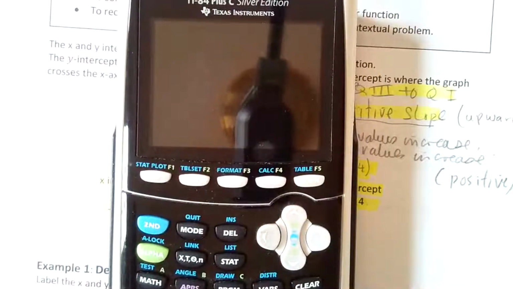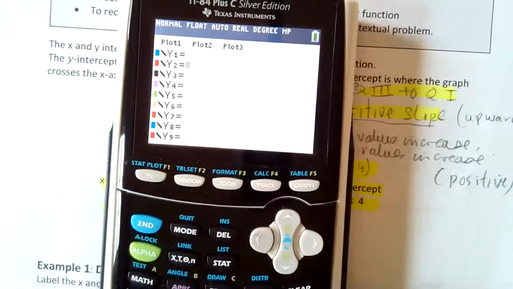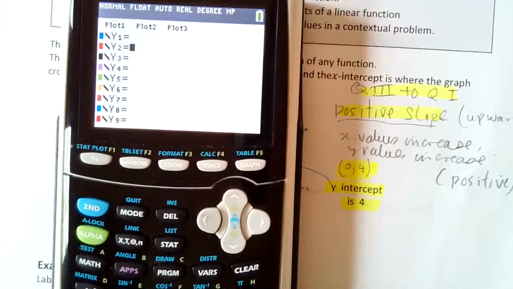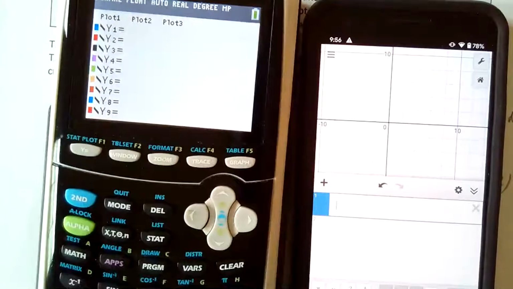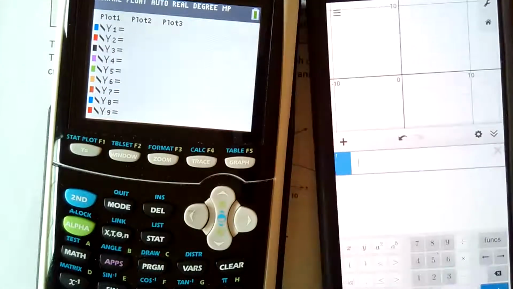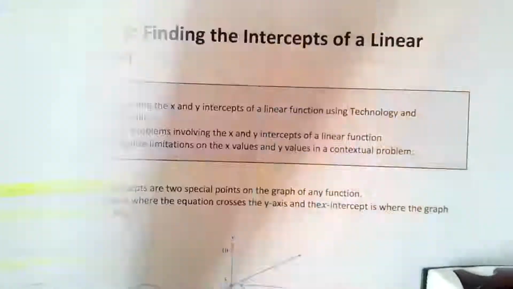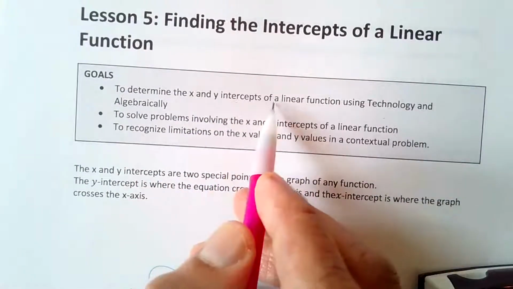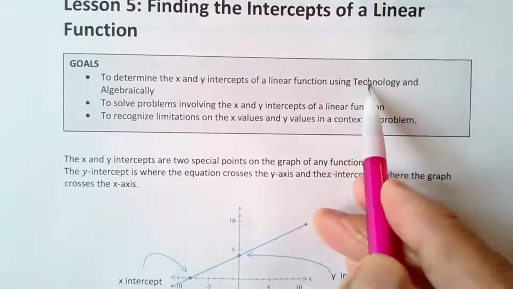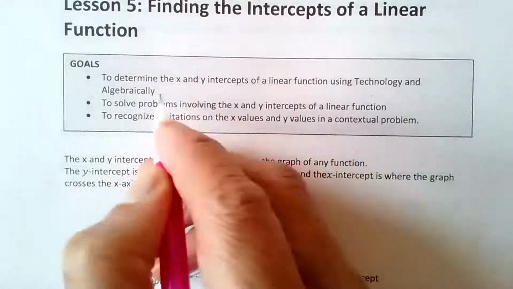We also looked at how we find the intercept using our graphing calculator, or Desmos on either your phone or computer. So for today's lesson, we are extending it. We're going to find the x and y intercept of a linear function using technology and algebraically.